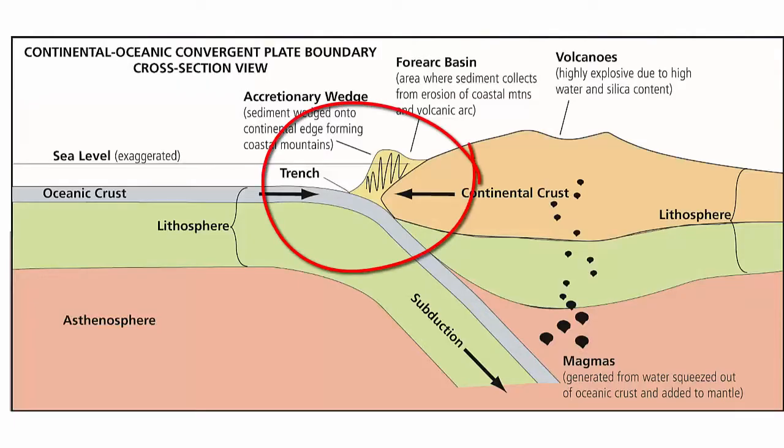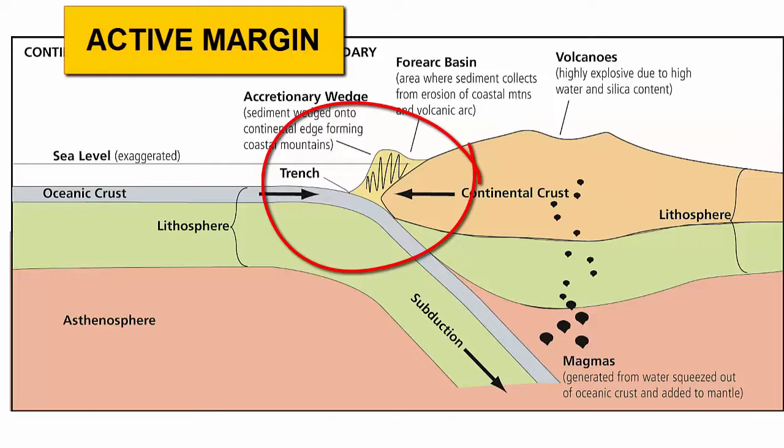Where plate boundaries coincide with these edges or margins of the continents, the shelves are narrow. Trenches are found just offshore, and the sediment that piles up on the shelf and periodically falls in slides will partially or completely fill the trenches, depending on the size. We call this type of margin, where the edge of the continent meets a subducting ocean plate, active.